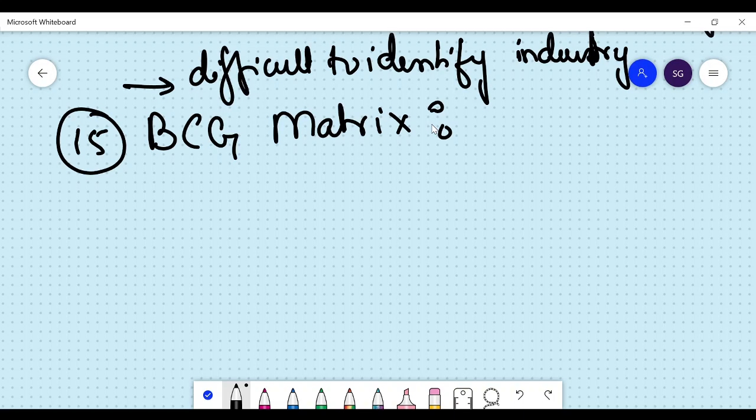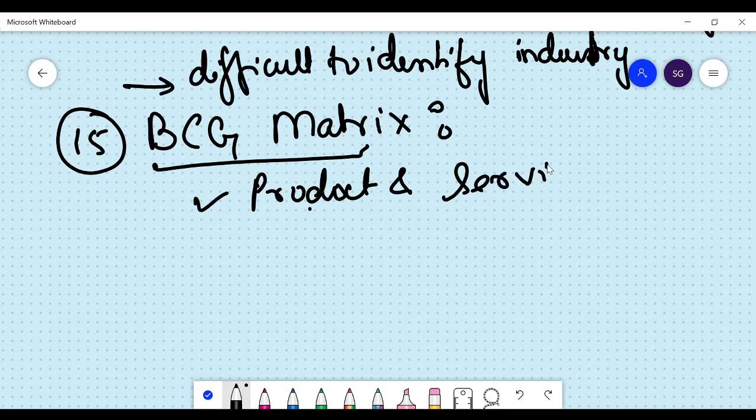So these are the 2 factors. This matrix is used for product and service level and second corporate level.